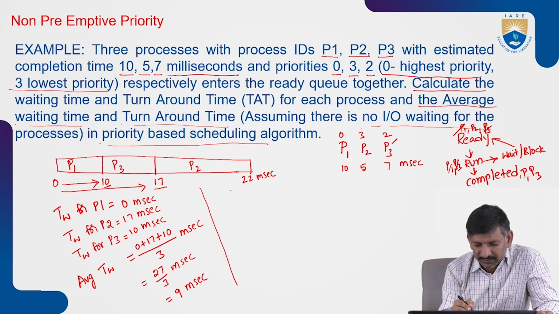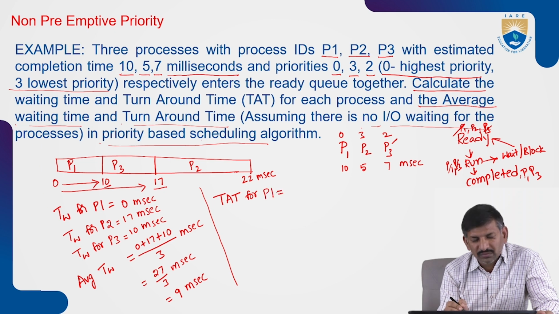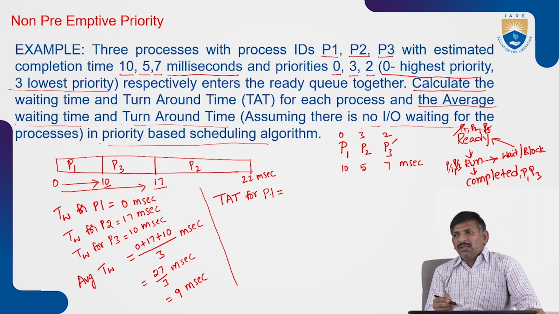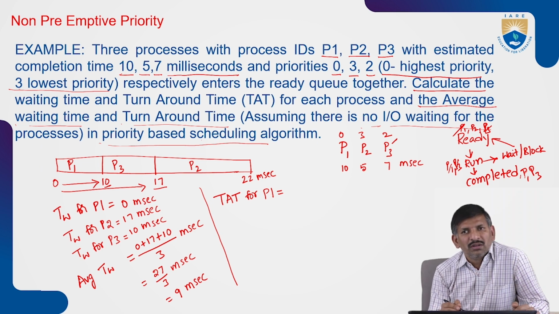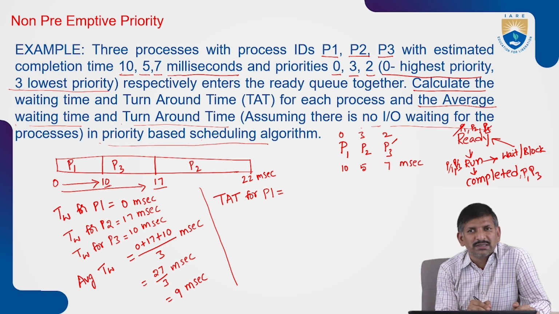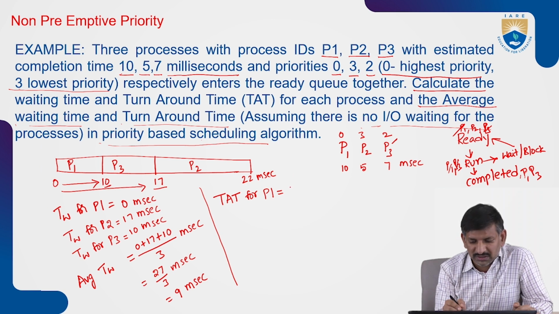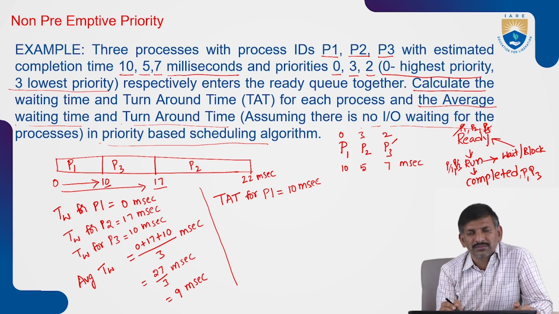Now calculate the turnaround time for process P1. P1 entered the ready state at time 0 and its execution is completed at the 10th millisecond, so the total turnaround time is 10 milliseconds.